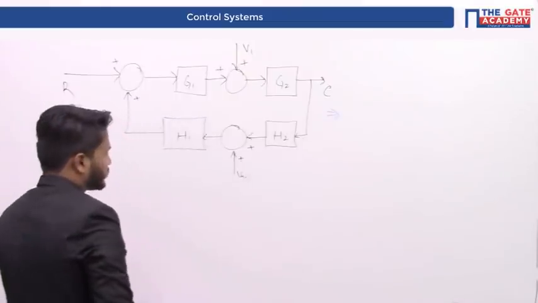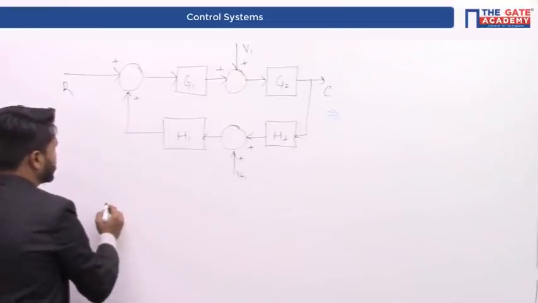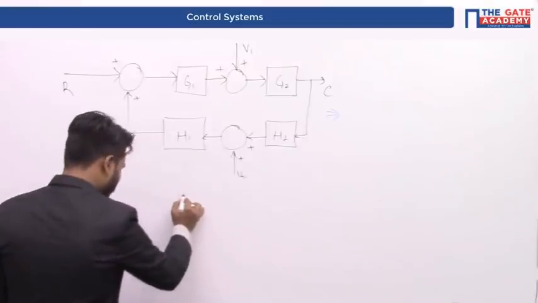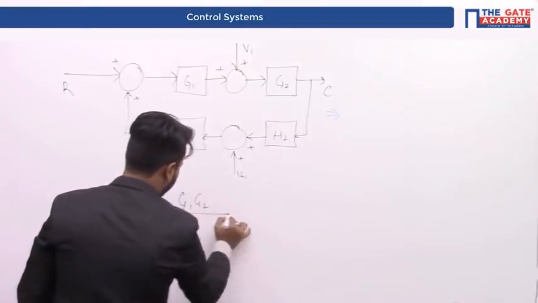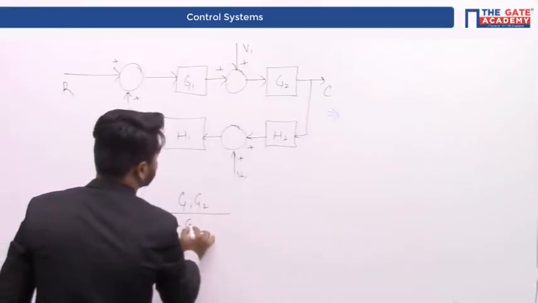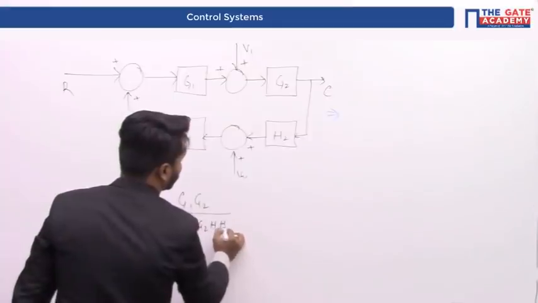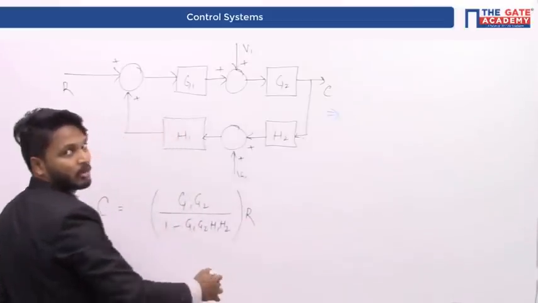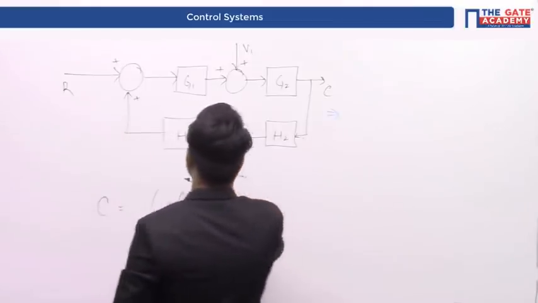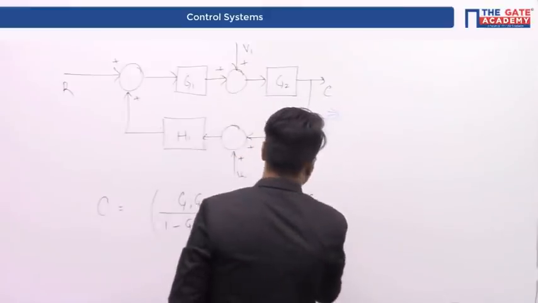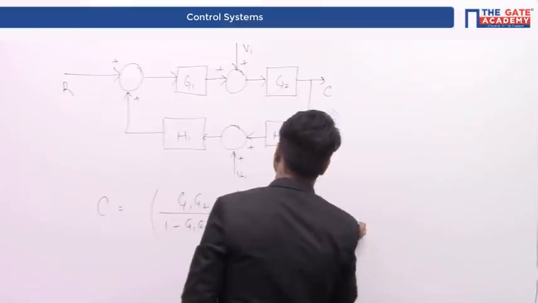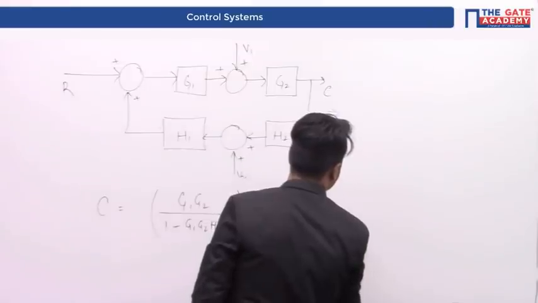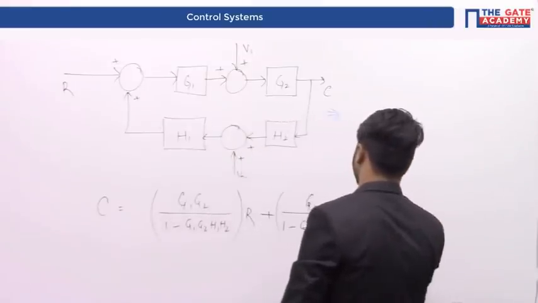You can clearly see here the output because of the first input, that is R, we got the output as G1 G2 by 1 minus G1 G2 H1 H2 multiplied by R, plus when only V1 is present, it is G2 by 1 minus G1 G2 H1 H2 multiplied by V1.